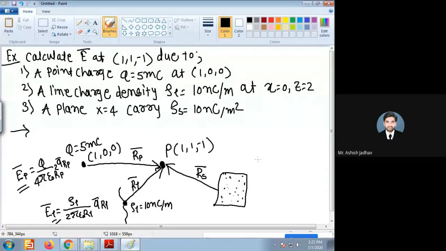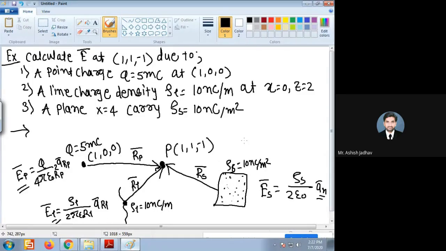Now in this case, we have rho s, which is equal to 10 nanocoulomb per meter square, right? So how do we find this ES bar? ES bar is equal to rho s upon 2 epsilon naught A bar N. Right? We will talk about this A bar N later on, because we have to find the direction. Right?